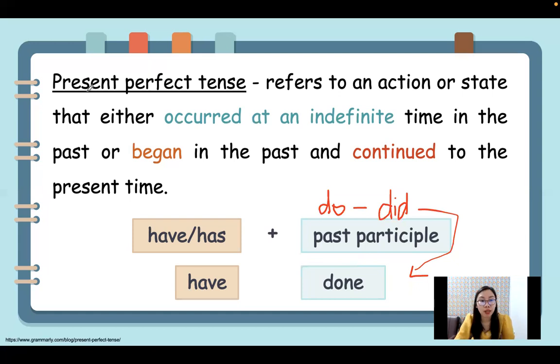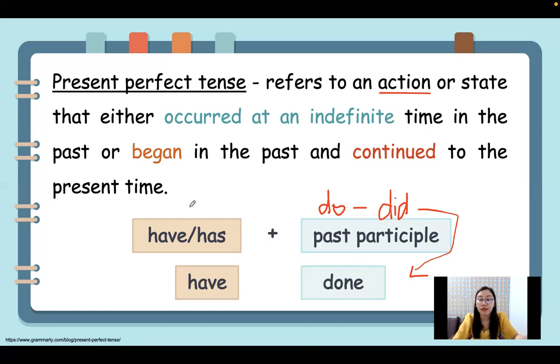So remember, present perfect tense refers to an action that happened at an indefinite time, not a specific time in the past, or started in the past and continued to the present time until now.